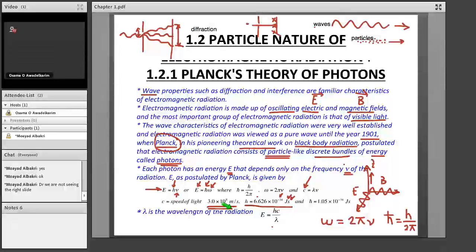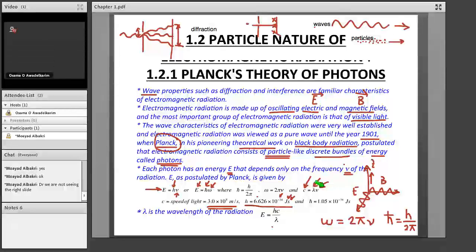Always, the product of the wavelength and the frequency of electromagnetic radiation is equal to the speed of light. This is always the case.